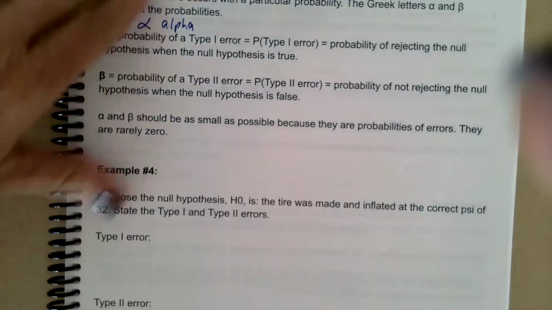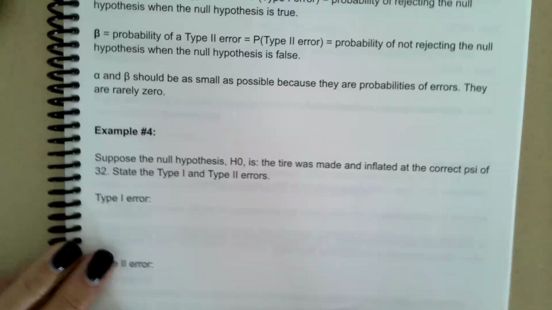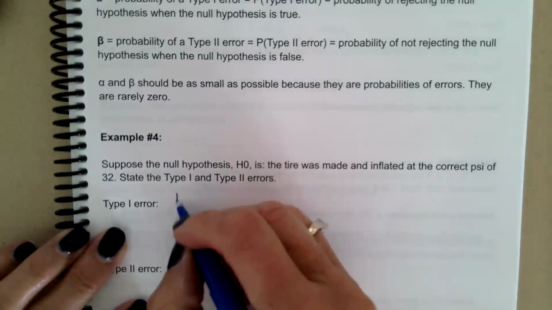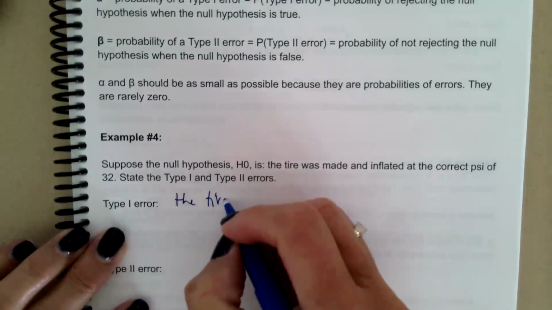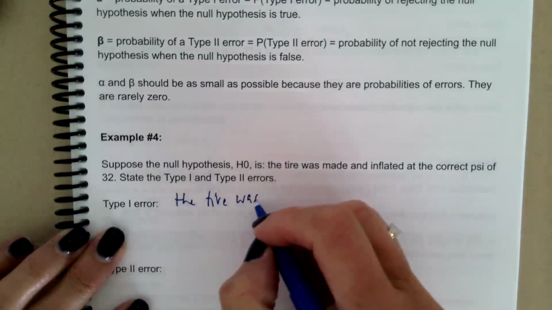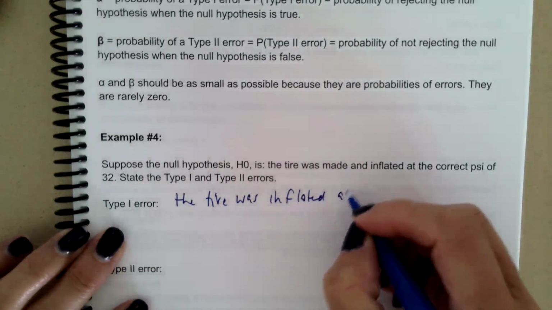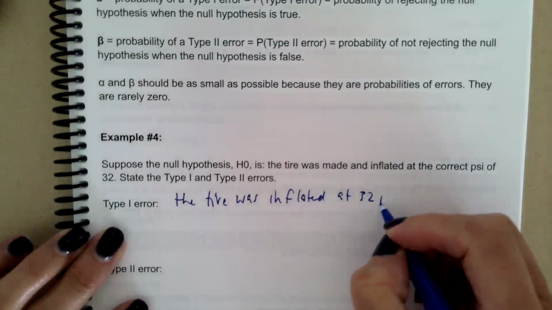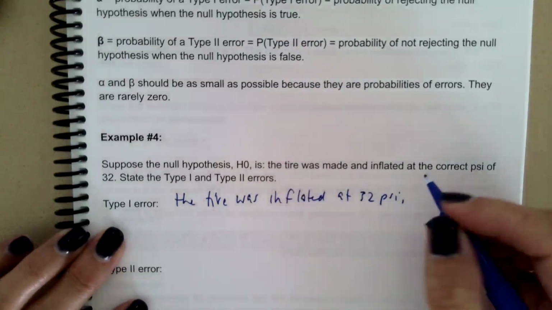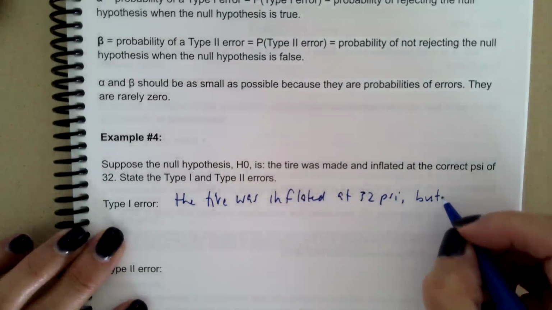So the type 1 would be the tire was inflated at 32 PSI, but maybe the testing tool said it wasn't.